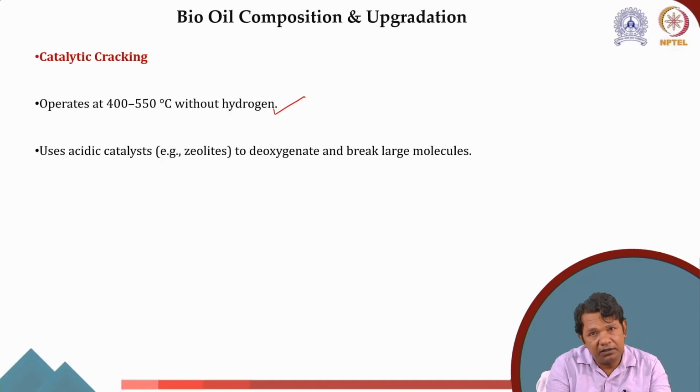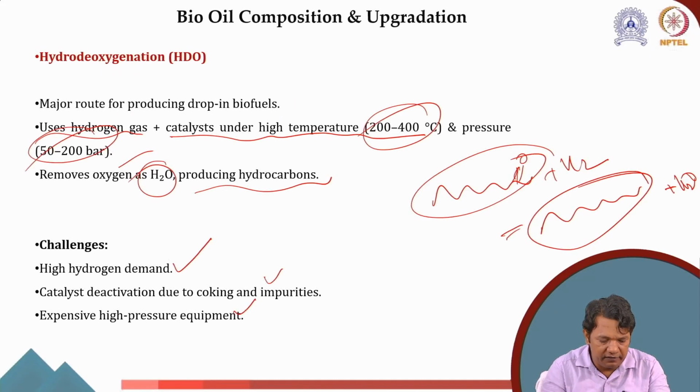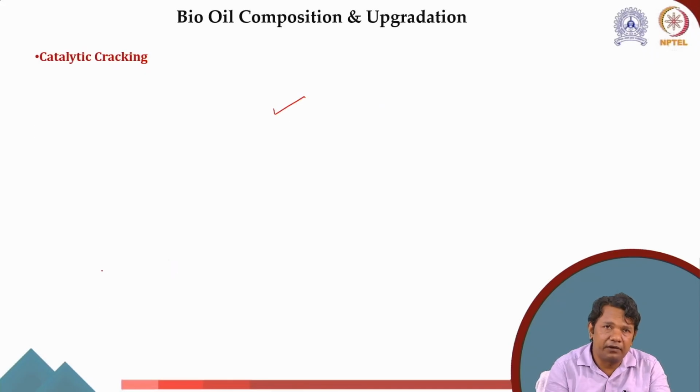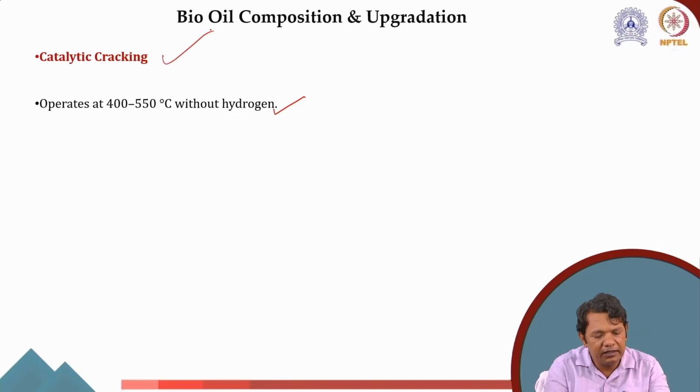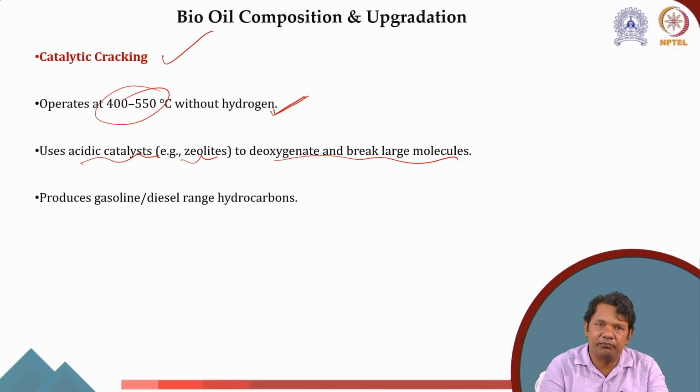Then we can overcome the limitation of the previous process, the high hydrogen demand, by going for catalytic cracking, which operates at around 400 to 500 degrees Celsius, a higher temperature than the previous one, without hydrogen. It uses an acid catalyst like zeolite to deoxygenate and break the larger molecules into smaller ones.